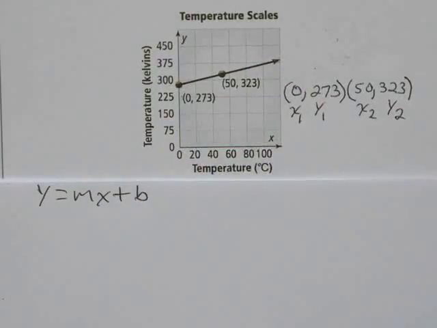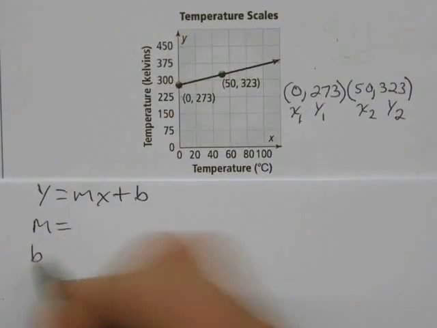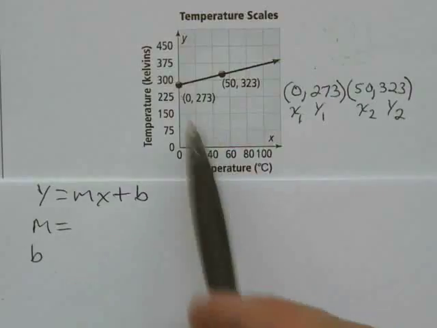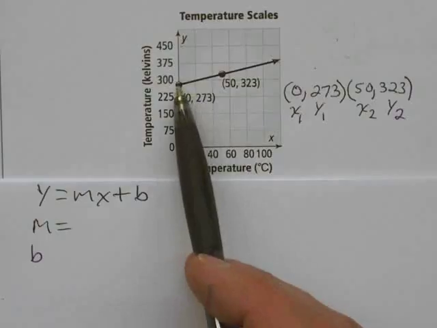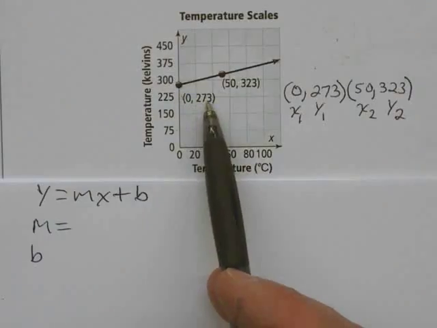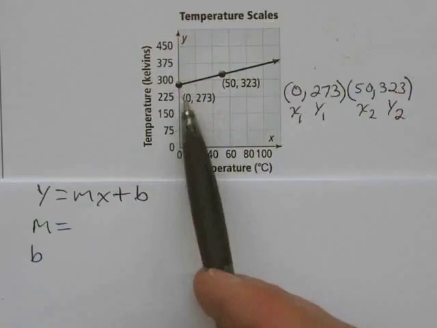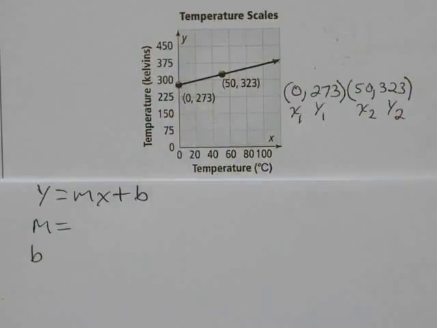And believe it or not, I've already got my b. That might not be obvious, but let's take a look. I don't have my m. Because I have a 0 for x and I have y being 273, that's got to be the point where this line intersects the y-axis. Clearly, it's crossing right there. And 0 means I'm not moving anywhere on the x, and I'm just going straight up to 273 on the y.